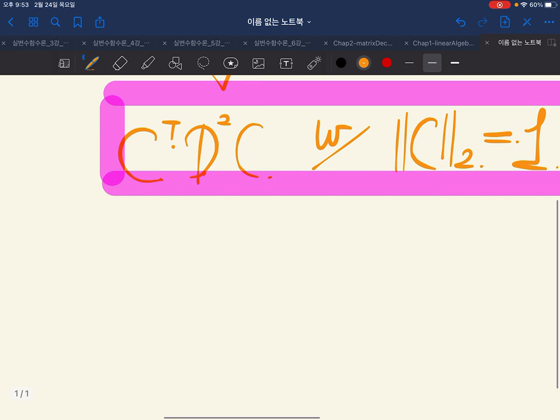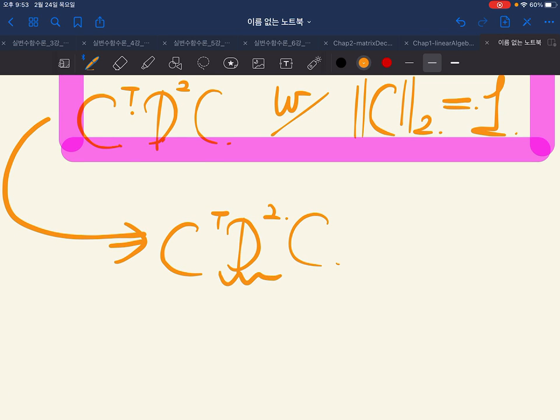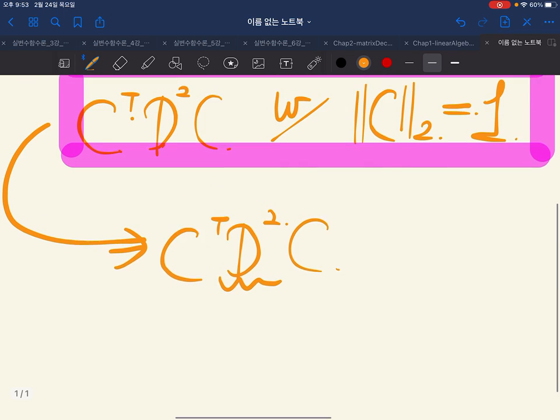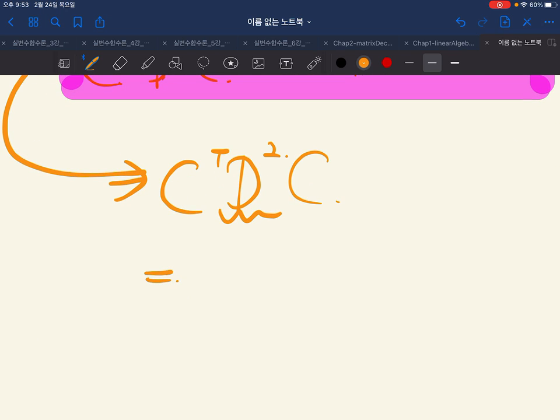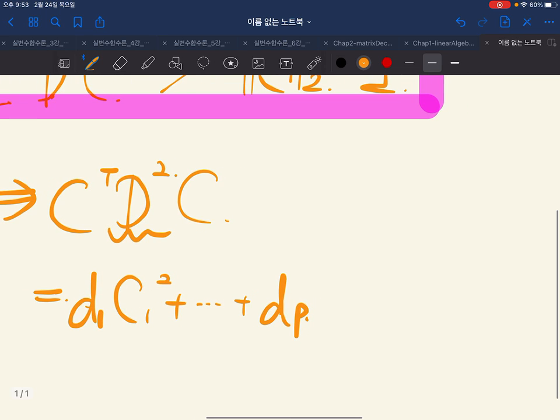So simply put, C transpose D squared C. I'm going to say the ith diagonal element of D squared as di. So it can be written as d1 c1 squared plus until dp cp squared.